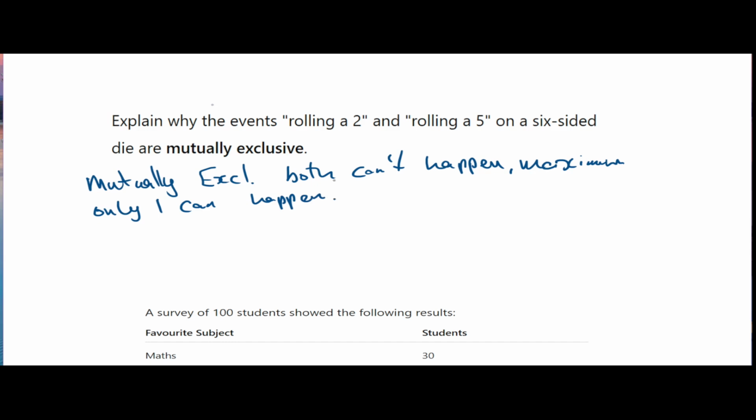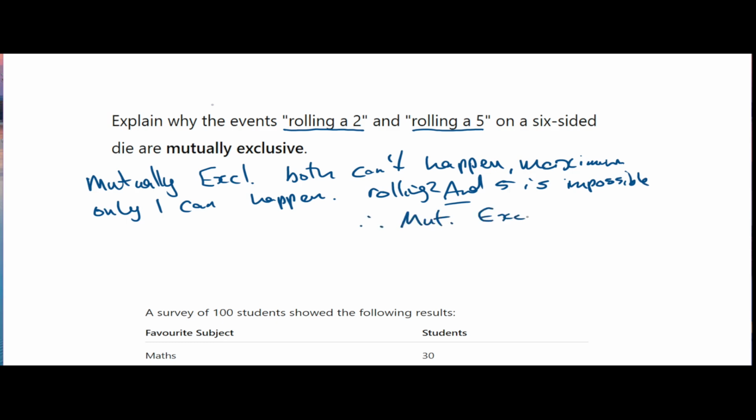Okay, so there's no way when you roll a dice one time you're going to get a 2 and a 5. So rolling 2 and 5 is impossible. Therefore, mutually exclusive. Hopefully you can read my scribbles.